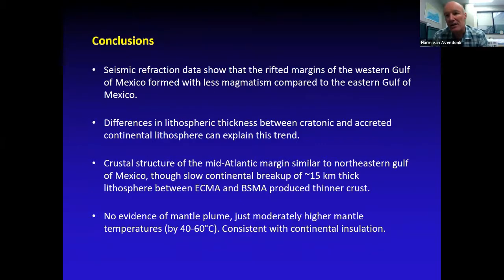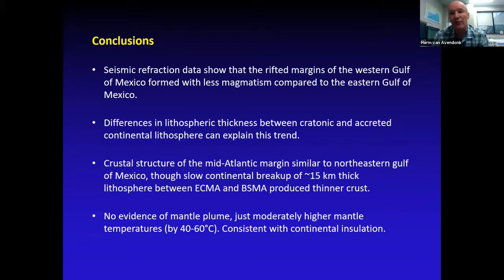We find a surprising lateral change in the Gulf of Mexico, where we think that the Western Gulf of Mexico was more cratonic lithosphere that was rifting, and that was so thick that it didn't lead to much magmatism compared to the Eastern Gulf of Mexico. The lithosphere that was rifting in the Eastern Gulf of Mexico seems to be very reminiscent of the Atlantic.